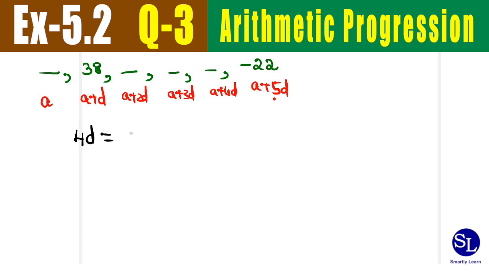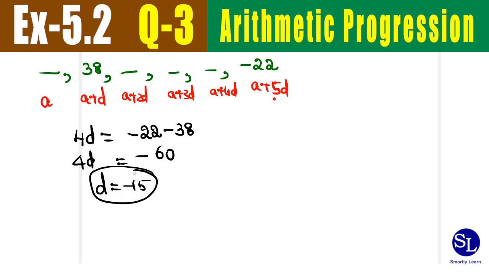So 4d is equal to minus 22 minus 38. You add this up, so this is going to become minus 60. So 4d is minus 60. That means d is equal to minus 15.